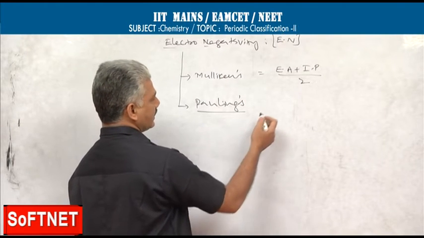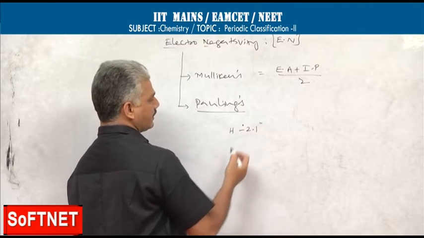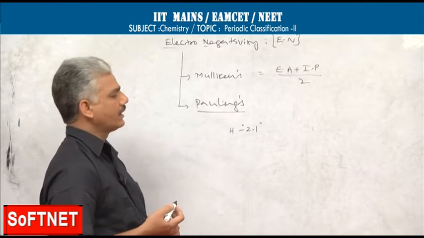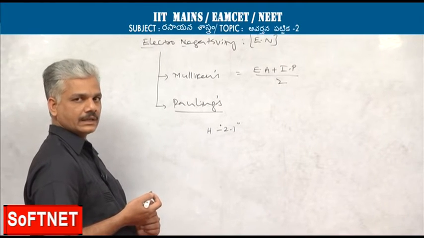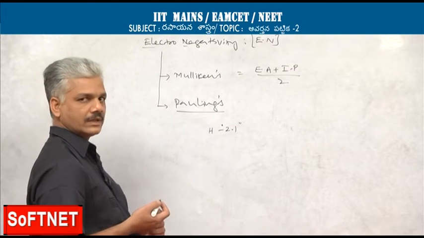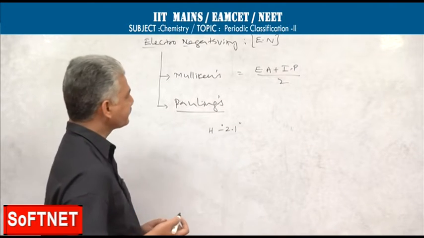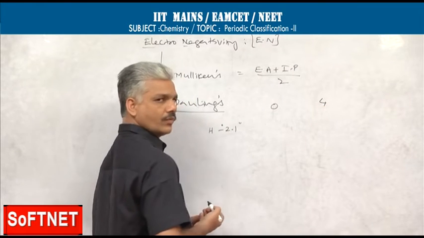In Pauling's scale, hydrogen is given an electronegativity of 2.1. All other elements' capability of attracting the electrons is compared with hydrogen and given specific values. Pauling's scale ranges from 0 to 4.